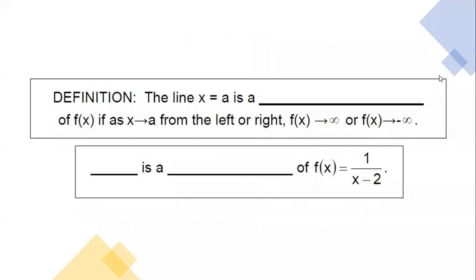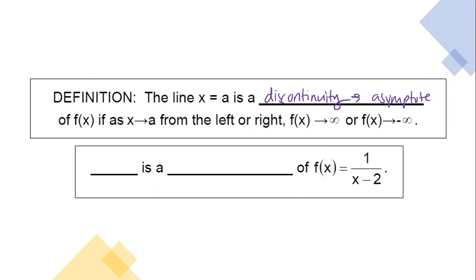All right, continuing. So in conclusion, it says the definition, the line x equals a is a discontinuity. Okay. And the discontinuity that it is, we call it an asymptote of f of x, if as x goes to a from the left or right, they're doing different behaviors.